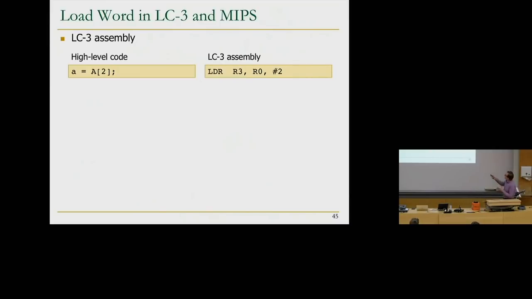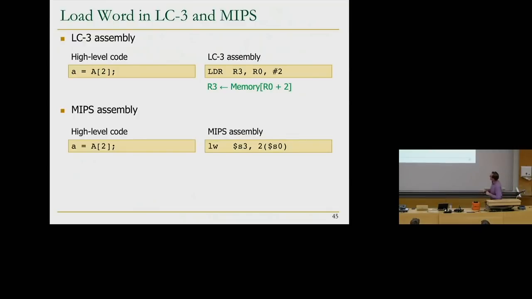Assuming the beginning of the array address is in R0, you take the value in R0, add 2 to it, which is the index indicated by the immediate in this LDR, and you calculate the address. You access memory in that location and put the value in R3. This is one way of accessing memory, and this will become more clear.